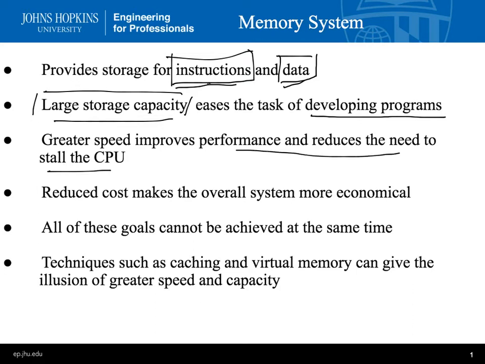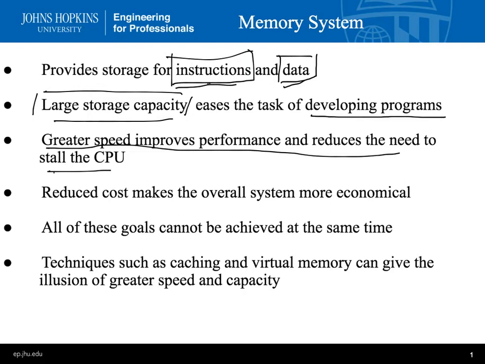We want speed, and in this week, speed means how fast can you get data to and from memory. Both of these things, capacity and speed, cost more: making them better makes the cost go up. So you have to balance all of these goals.